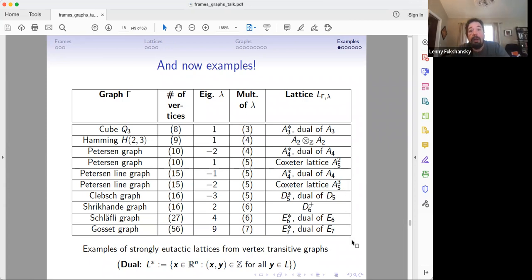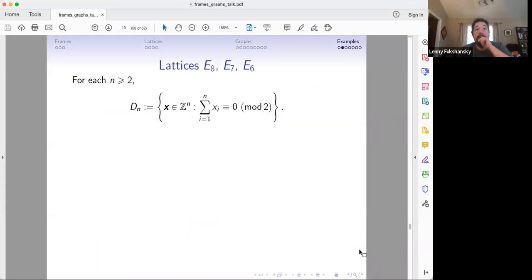So there are three specific examples that I want to focus on in a little more detail. For this, let me tell you a little bit about the three lattices, E8, E7, and E6, in that order.